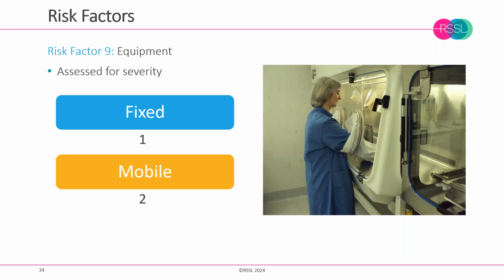The ninth risk factor is equipment, and here there's an assumption that where equipment is mobile, so it's moved from room to room, or it might be taken from the clean room to a washing area and moved back in, that contains more variables, so that equipment is potentially at a greater risk compared with equipment that is fixed within the actual clean room.